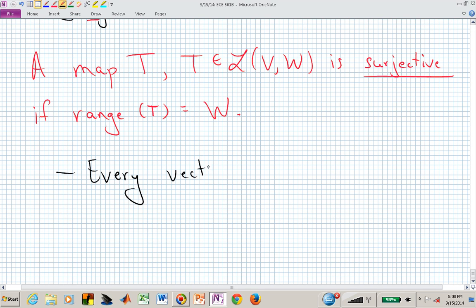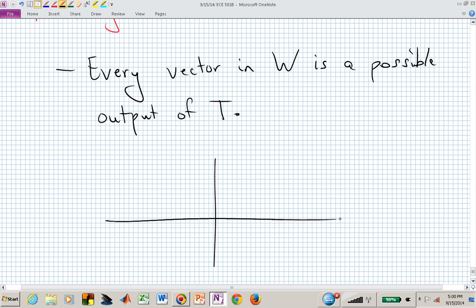Every vector in W is a possible output of the linear map T. Again, generalizing a two-dimensional picture to multi-dimensions, this could be a surjective map, where this vertical axis is W, and this map in blue says that I can get to any point on, let's say, that vertical axis.